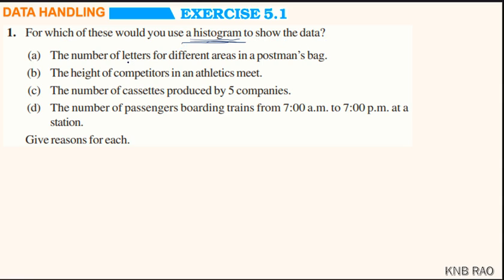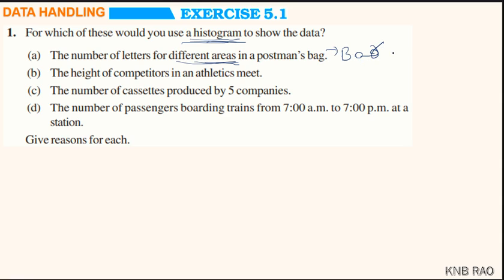Now coming to the first information, the number of letters for different areas. See, the areas will have names. When the areas are of different names, then you cannot draw a histogram, rather you can draw a bar graph for it.